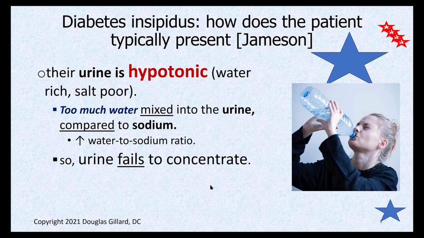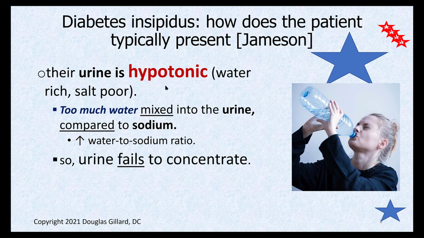How does the patient typically present? Part 2. Well, if you do a urinalysis, in fact, this is an easy way to catch this, they're going to have a salt-poor, water-rich urine. In other words, the urine is hypotonic. Hypo means not enough salt. So it's a water-rich urine, hypotonic urine. You could also say that the urine fails to concentrate, because if it concentrated, it would get more and more sodium within it.